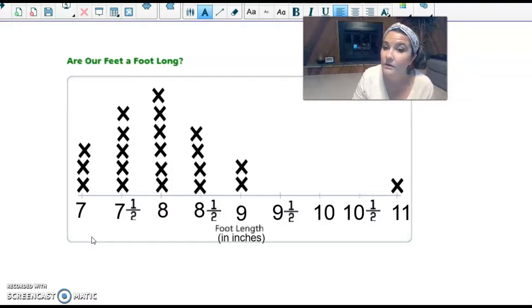Now, what is an outlier? We haven't seen this yet in the line plots we've created together. An outlier is a piece of data that's away from all other data. So do you see any outliers?